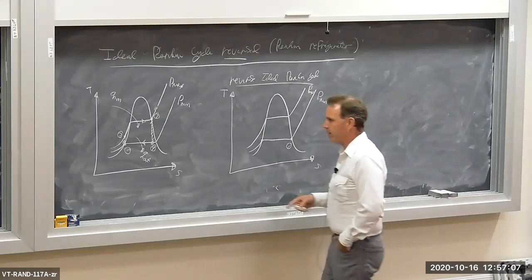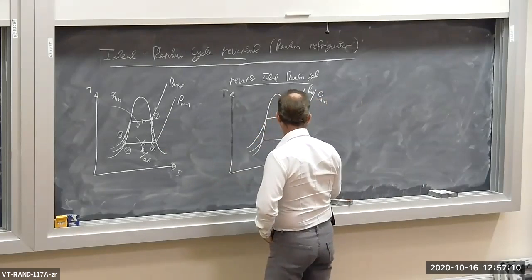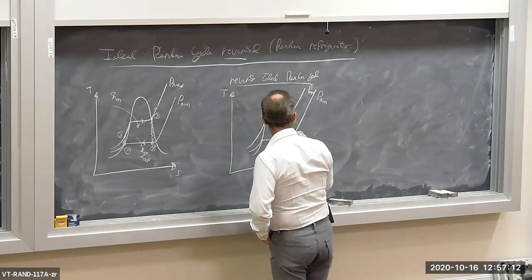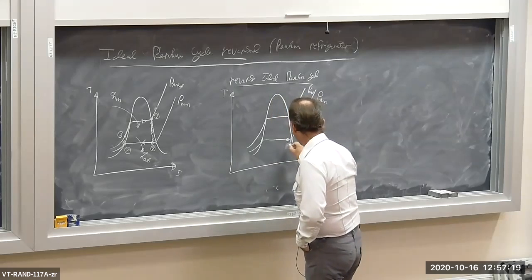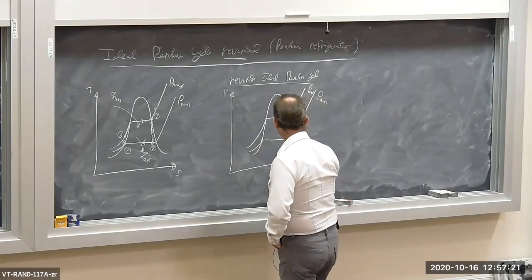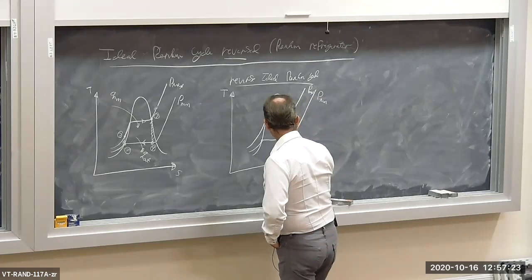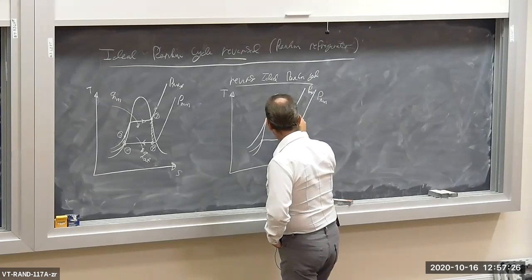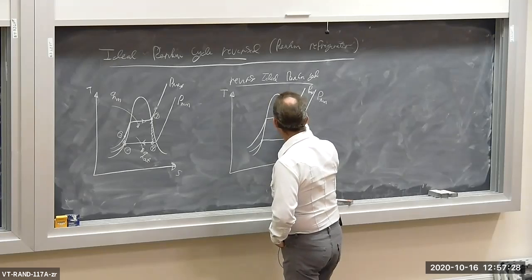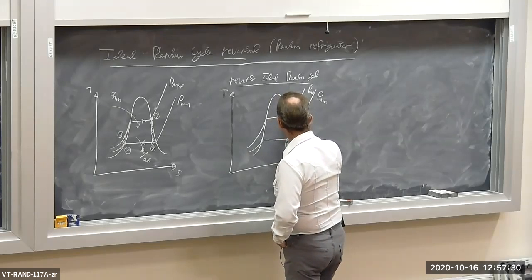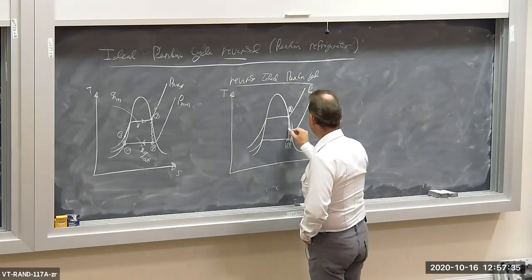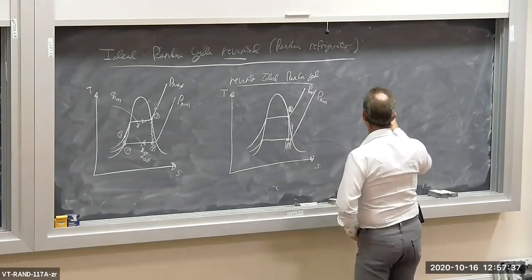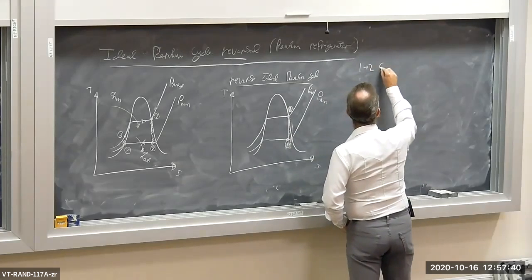So instead of having expansion in the turbine, we now have compression in a compressor. Oops, that's not state 1. Yeah, it's somewhere inside the dome here. There's state 1. So we have compression in a compressor, not expansion in a turbine, all the way up to a saturated vapor at Pmax. So 1 to 2 is compression in a compressor.